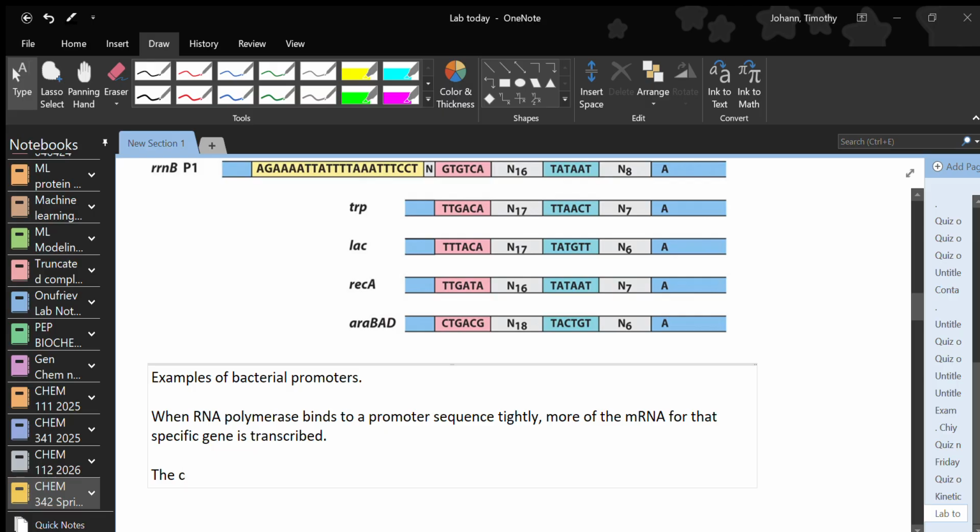The consensus sequence, you could think of it in your head as an average of all the sequences. What it is, is just the sequence that has the most common base at each position.